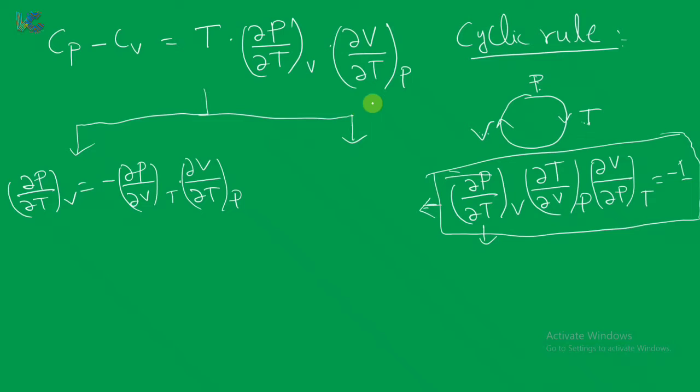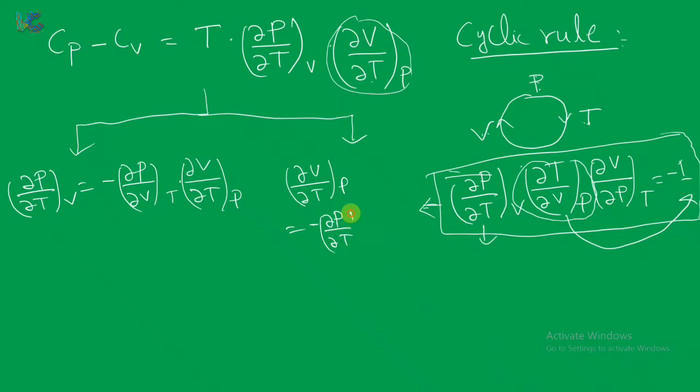In the other case, we replace the term del V del T at constant P. From here, if you take the term del T del V at constant P to the other side, you will get del V del T at constant P is equal to minus del P del T at constant V into del V del P at constant T. Fine.